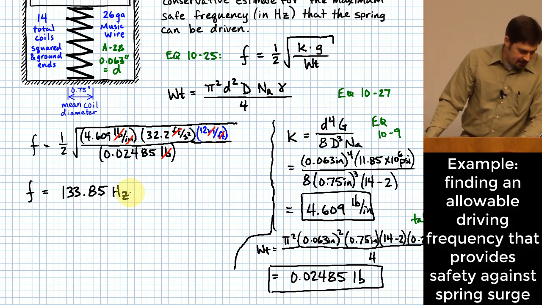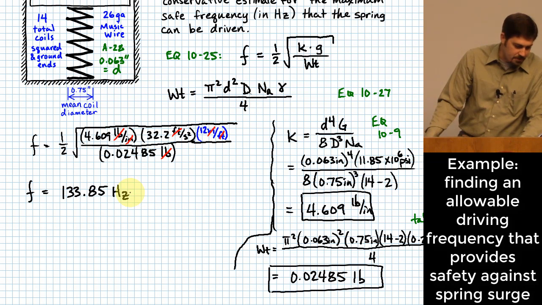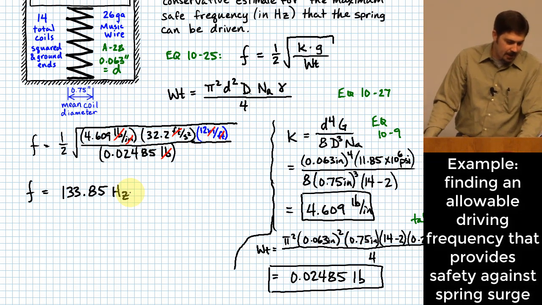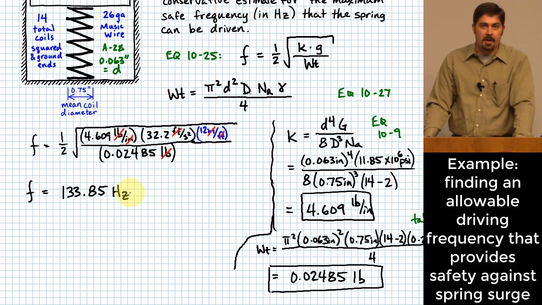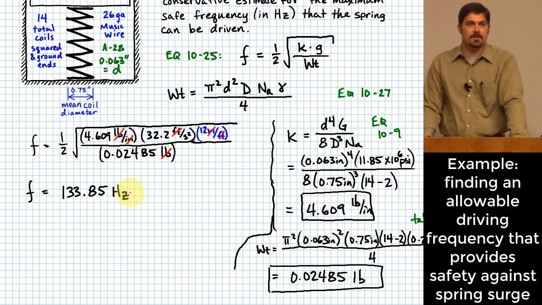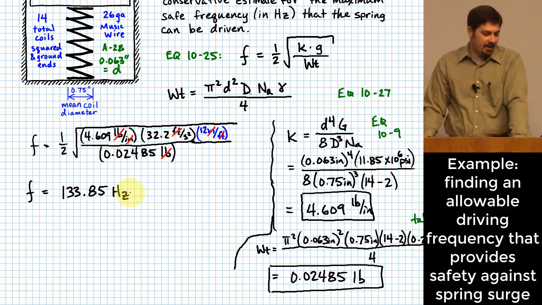It says the fundamental critical frequency should be greater than 15 to 20 times the frequency of the force or motion of the spring in order to avoid resonance with the harmonics. That's a little guideline right in the text of the book, page 528.